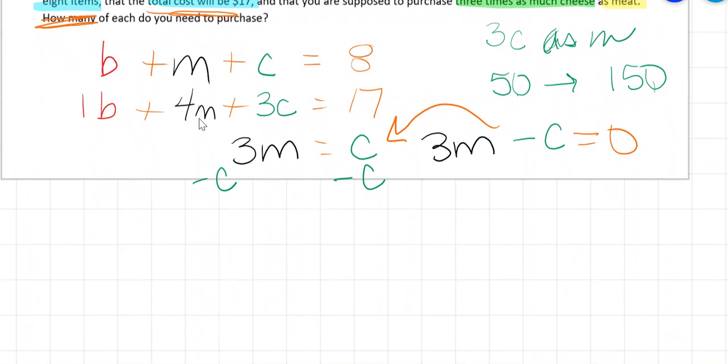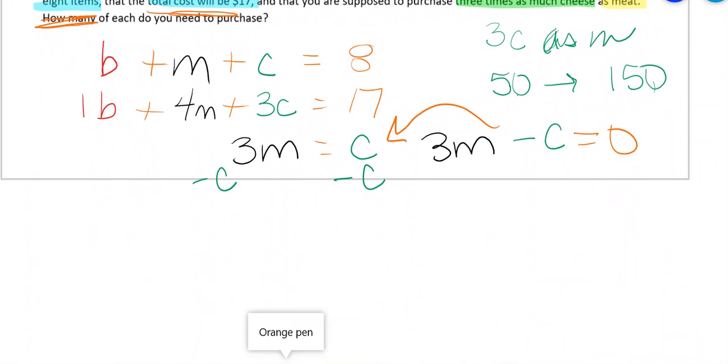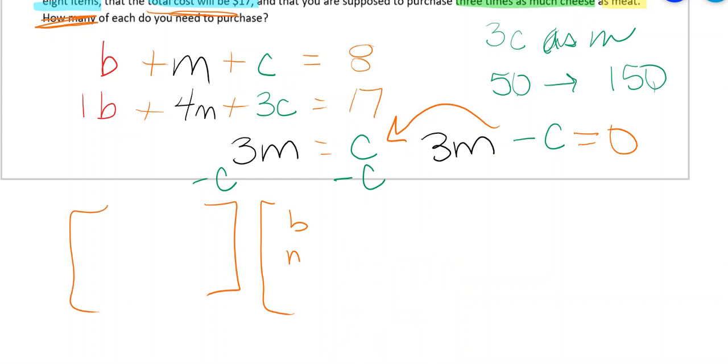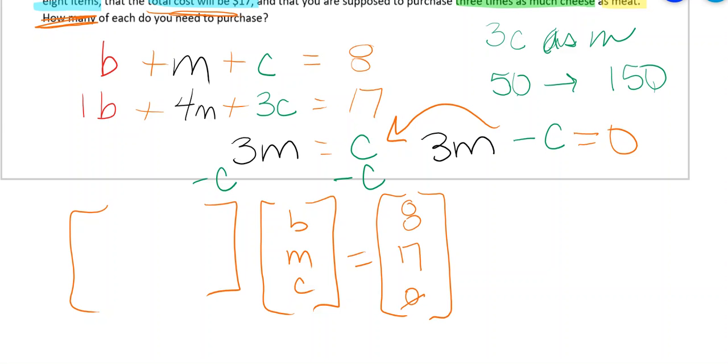Once you get it set up for that, then you're pretty good, as long as you understand. Now that I have it set up, that's the first job. After this, I would need to set up my matrices. Breads, meat, cheeses equals my answers. So I have an 8, 17, and 0.